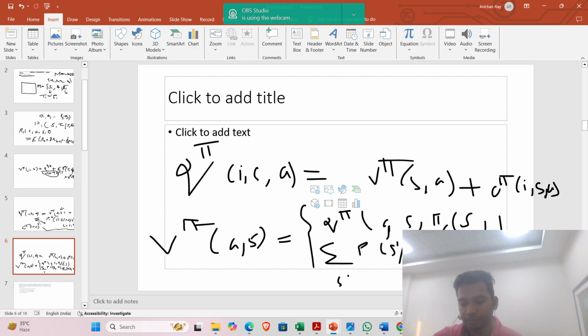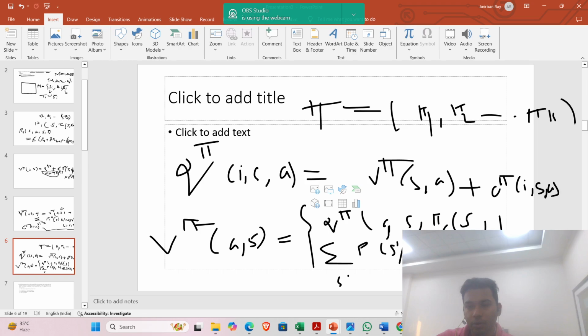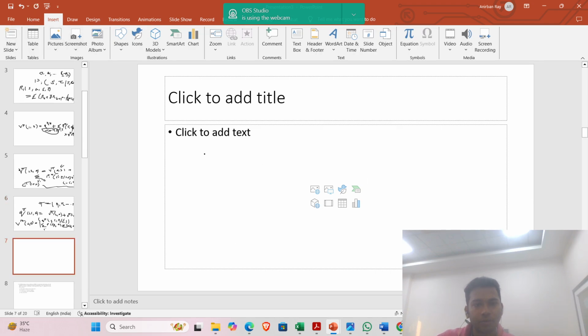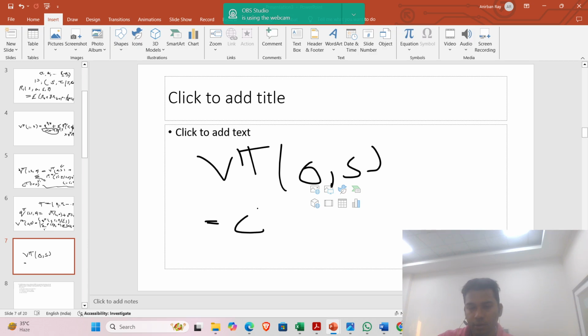So the policies here can be from pi 1 to pi 2 to pi k for all the k smaller MDPs. And so when we start with a time t0, the value function at t0 for state s is equal to C pi 0 s a1. So you have taken action 1.